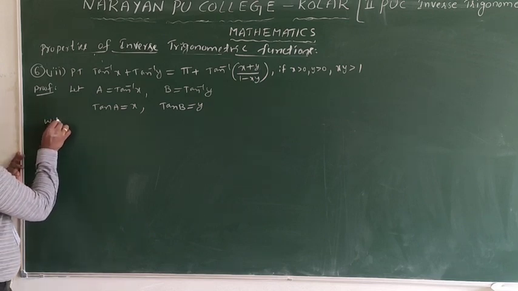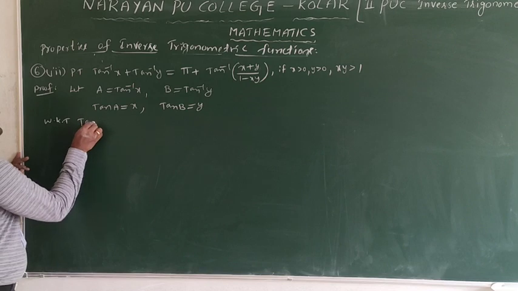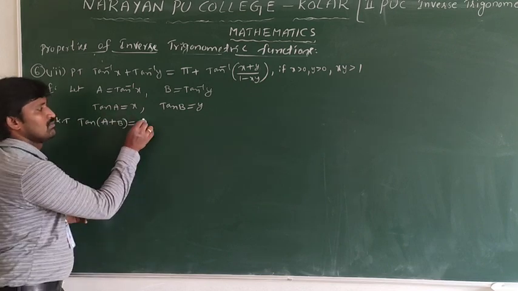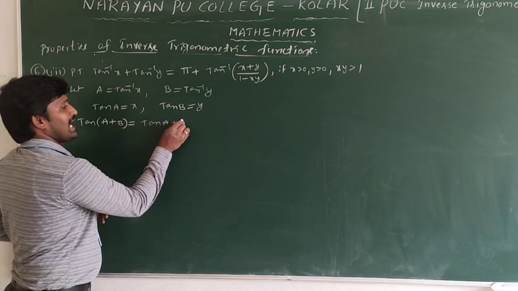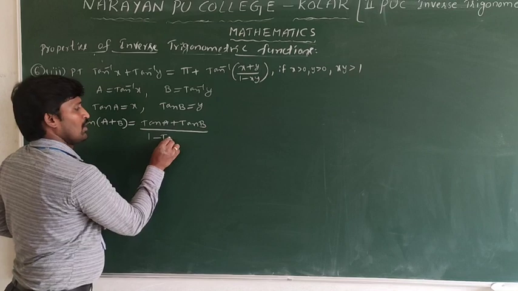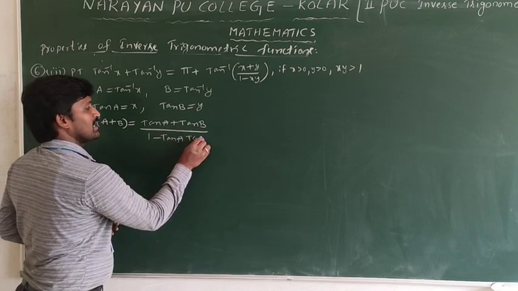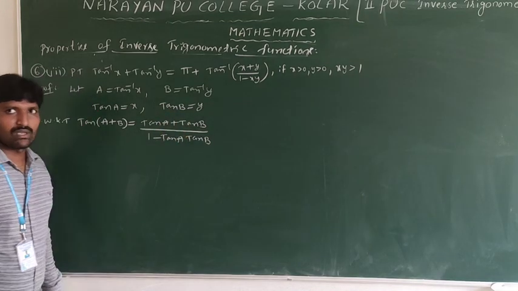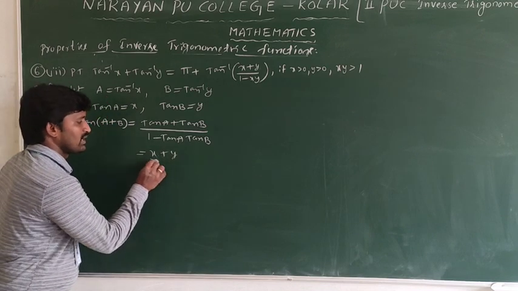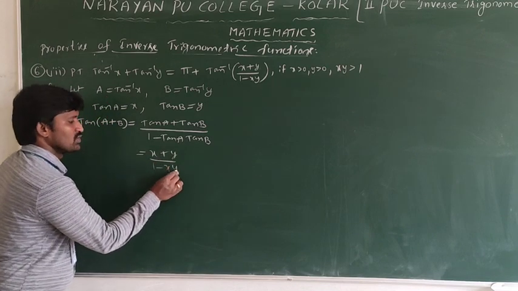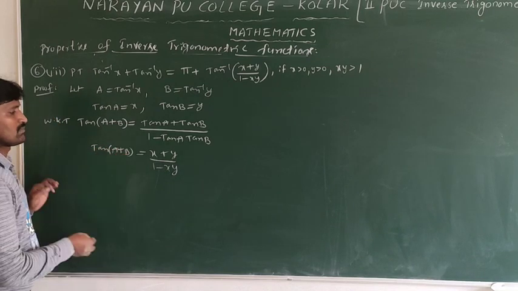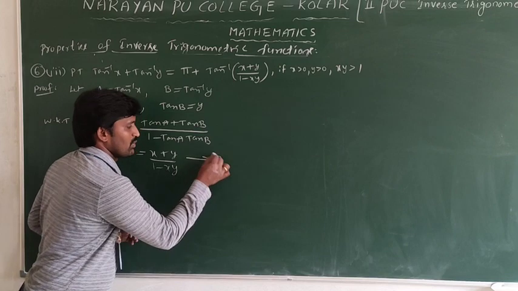We know that tan of a plus b equals tan a plus tan b by 1 minus tan a into tan b. Now the tan a value is x and the tan b value is y, giving x plus y by 1 minus xy. Consider this as equation number 1.